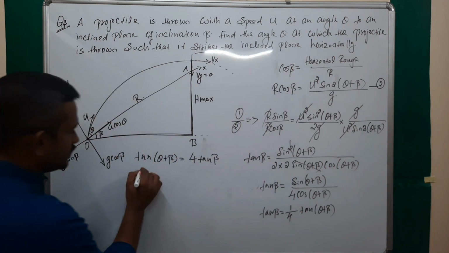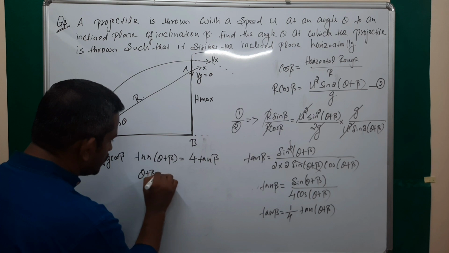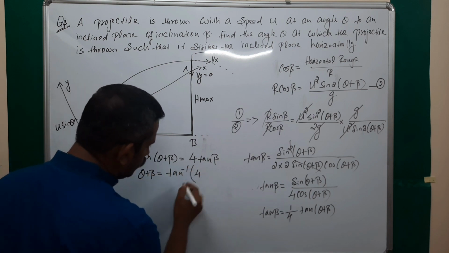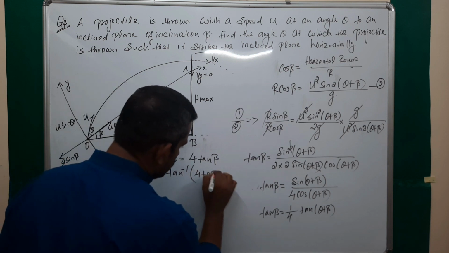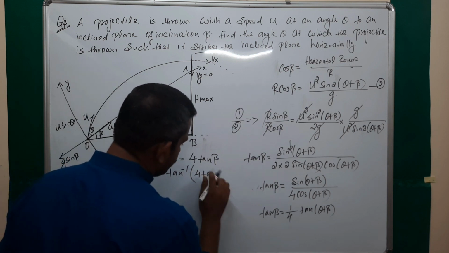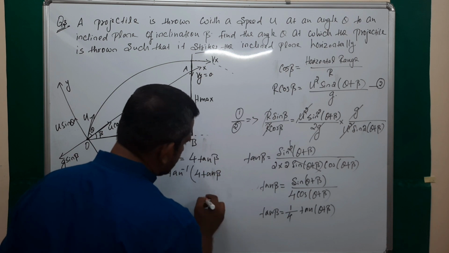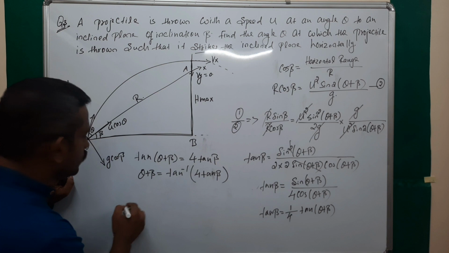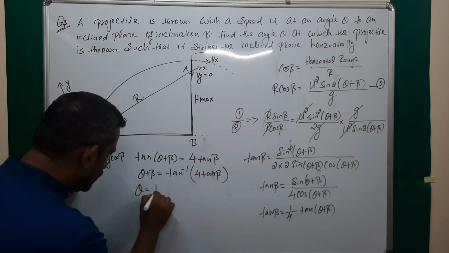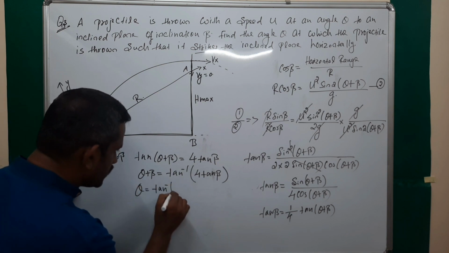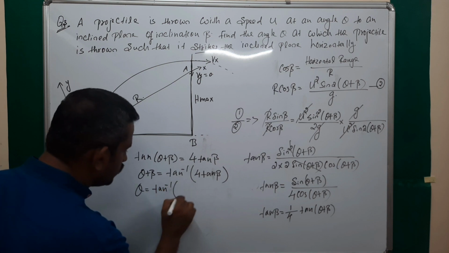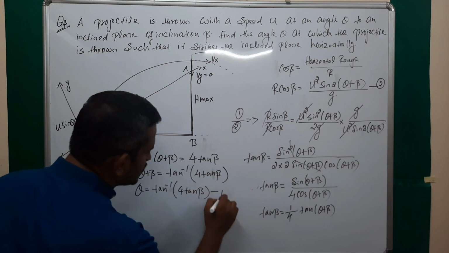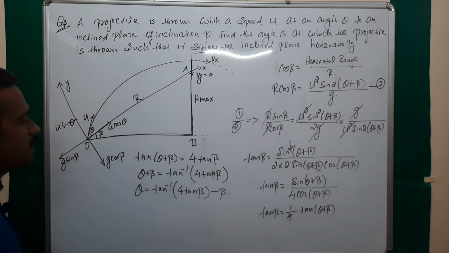So theta plus beta is equal to tan inverse of 4 tan beta. We have to find theta only. So theta is equal to tan inverse of 4 tan beta minus beta.